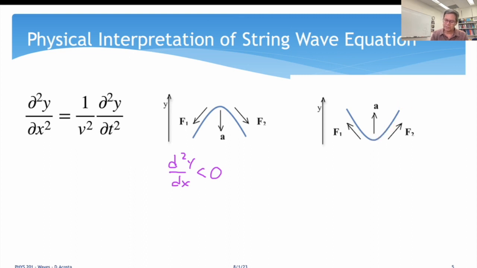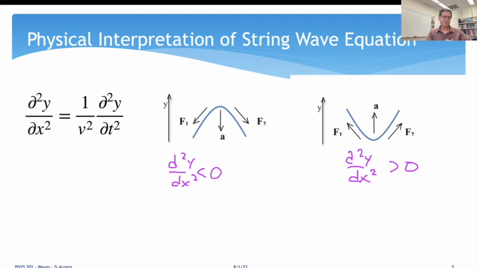So that means the second derivative, the slope of the slope, d squared y dx squared, I should have put an x squared before, sorry about that, is positive because the slope is always increasing. So that curvature is positive, which means the right side of my equation is positive, which means the acceleration is in the plus y direction, which is up. So when the string's down here, it now wants to accelerate back up, and that's what gives you the oscillation up and down for that string wave. So that's what this wave equation is telling us for strings in a qualitative sense.